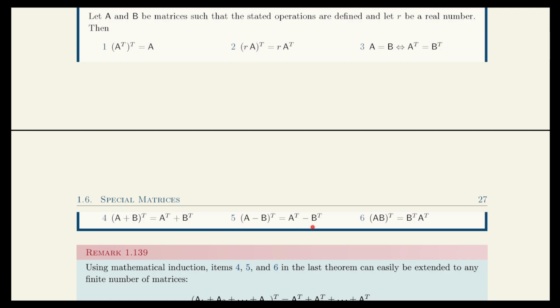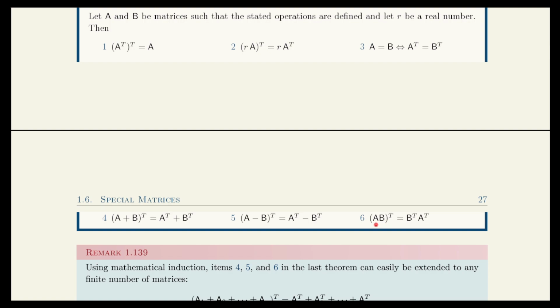Again, here, it doesn't matter if you subtract and then transpose, or transpose and then subtract in the same order. This is the most important and non-trivial one. Okay? So, can you interpret this now? AB transpose is B transpose A transpose. That is extremely important.